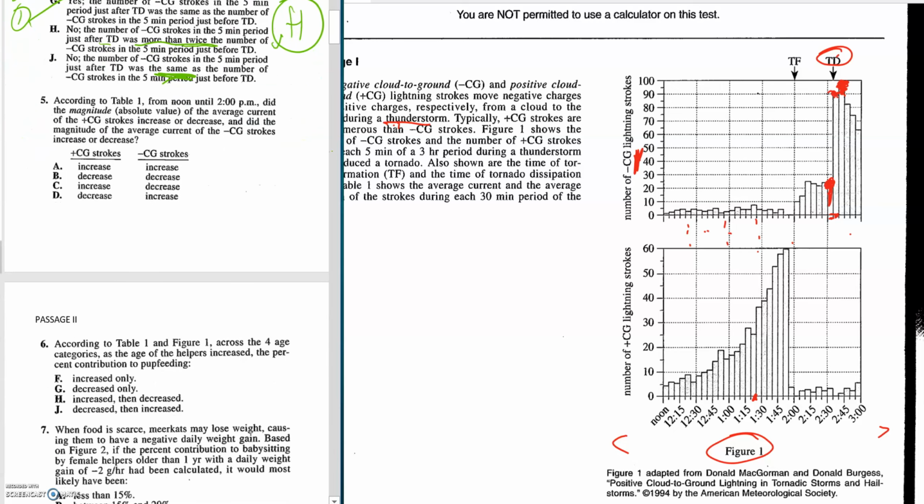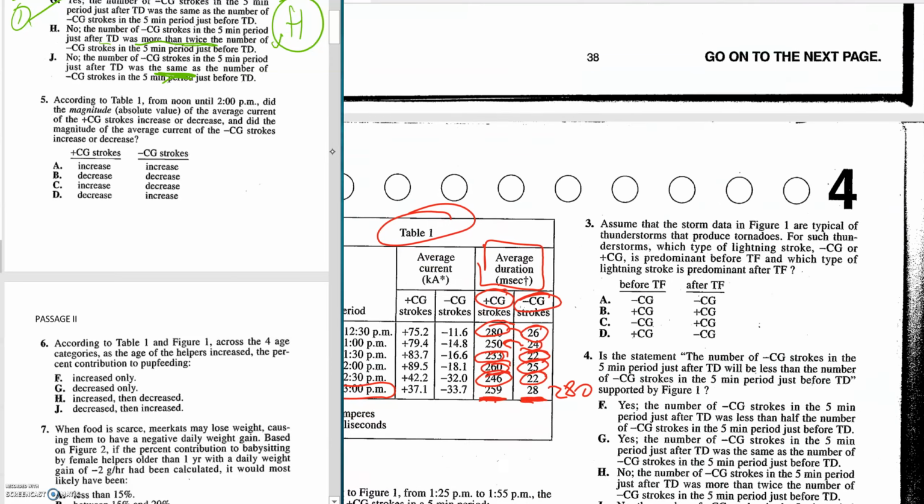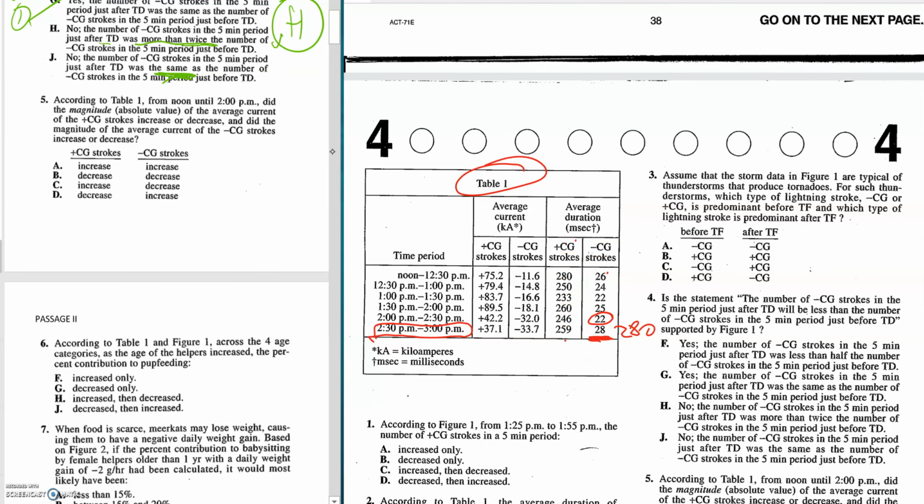All right, number 5, according to table 1. So we're going to have to go down to the next page. And I'll get rid of all of that before we start. Right, so according to table 1, that's going to be our first step, is go there. From noon until 2 p.m., second step.